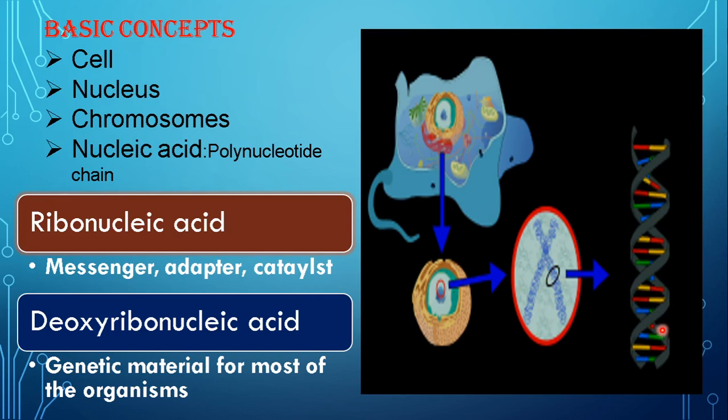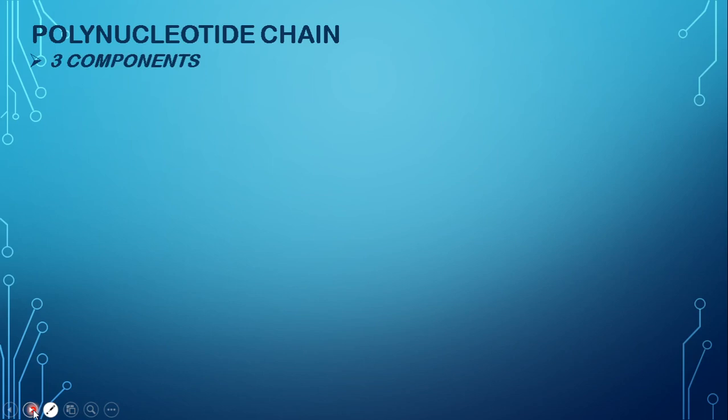As already told, mostly the genetic material is deoxyribonucleic acid, so in almost all cases the chromosomes are made up of deoxyribonucleic acid. The structure of it appears in this manner. These are some basic things we have to keep in mind in order to get the concepts of the next part.